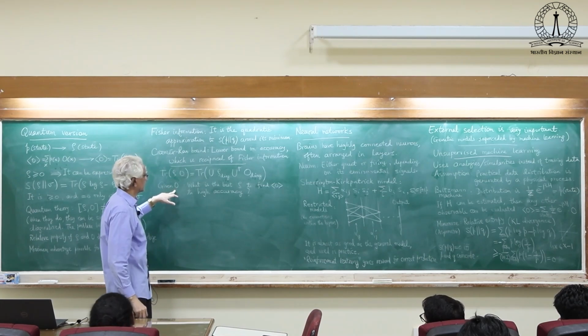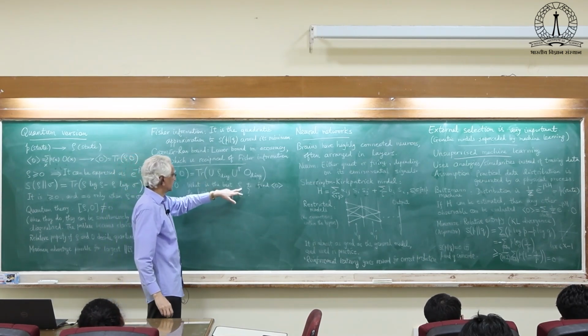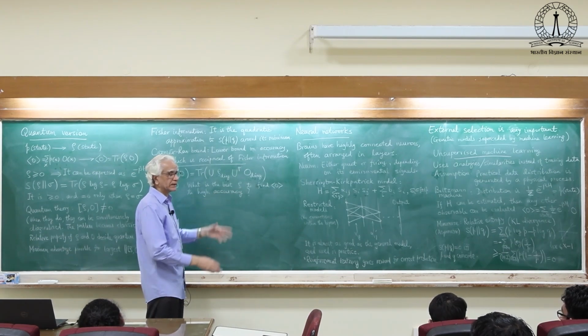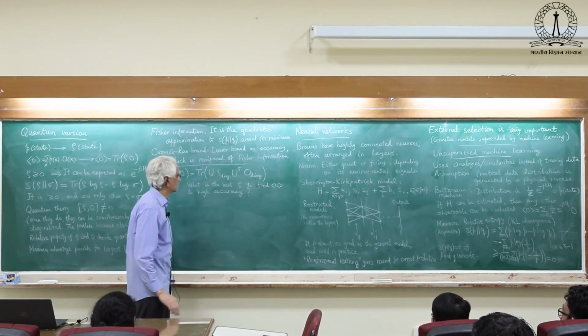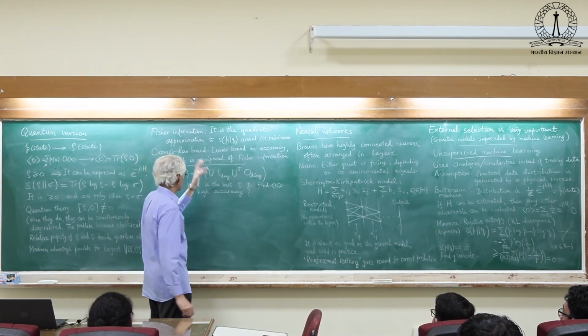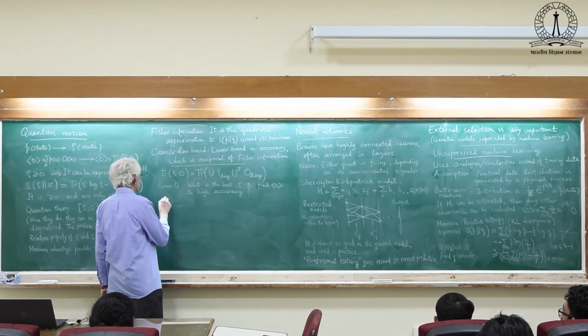I choose an operator, then I say I want to get the best density matrix, which I can prepare the state and measure it. What is the best density matrix I can do? And that is one way of writing.